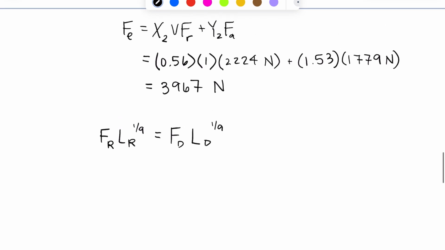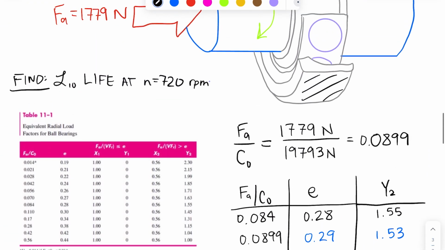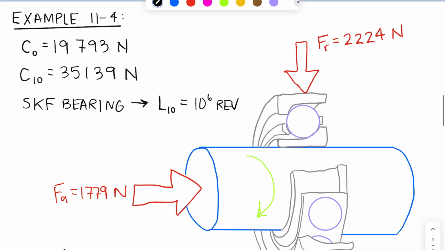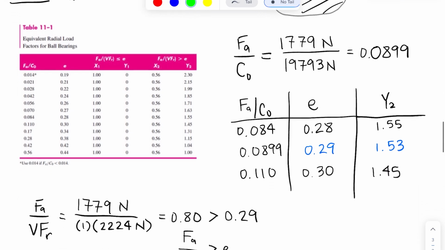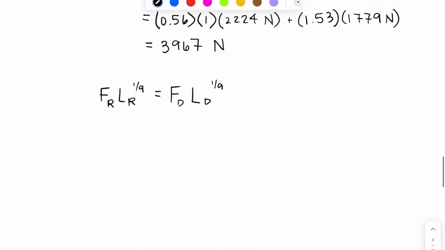Our rated load, this is our C10 value, which we were given in the beginning, that's 35,139 newtons. Our rated life is 10 to the 6th revolutions. That's just something that's standard for all SKF bearings. A is going to be 3 for ball bearings. It's 10/3 if we had roller bearings.